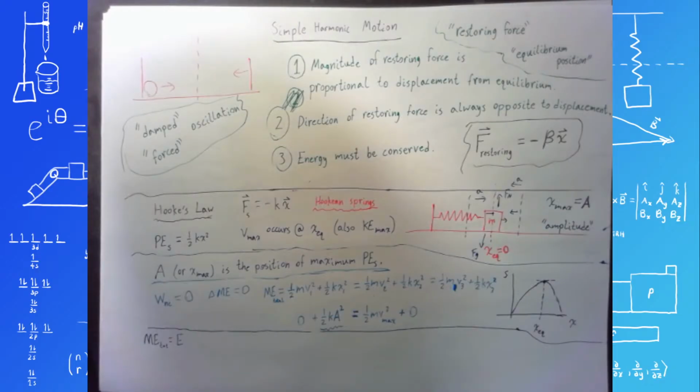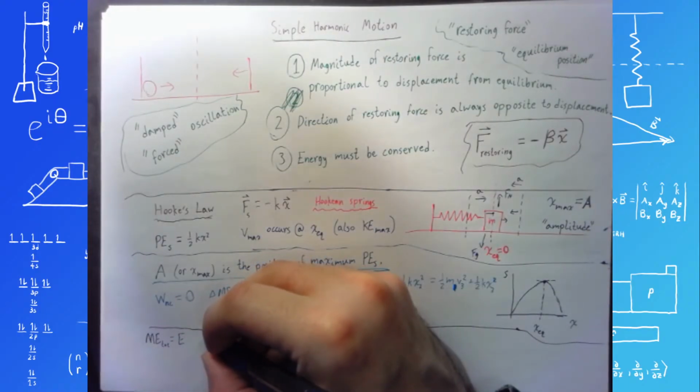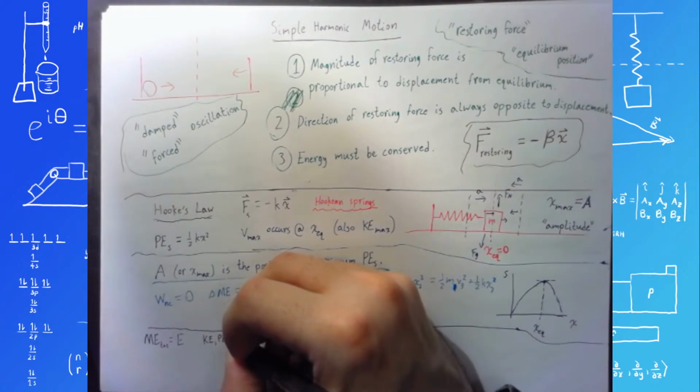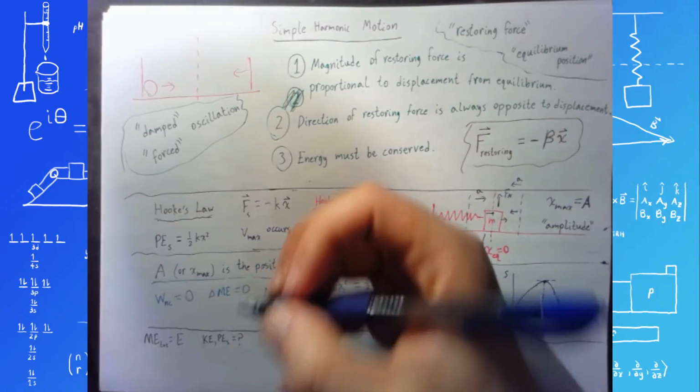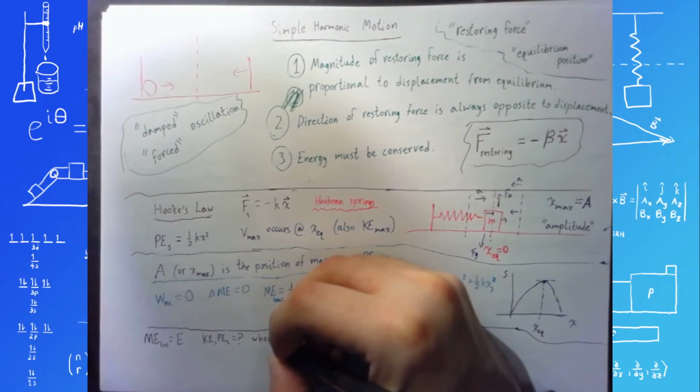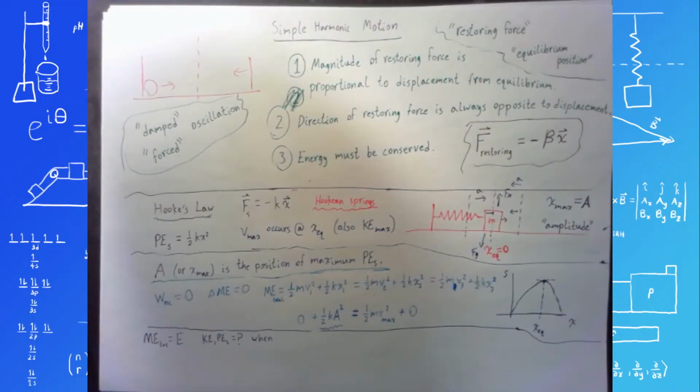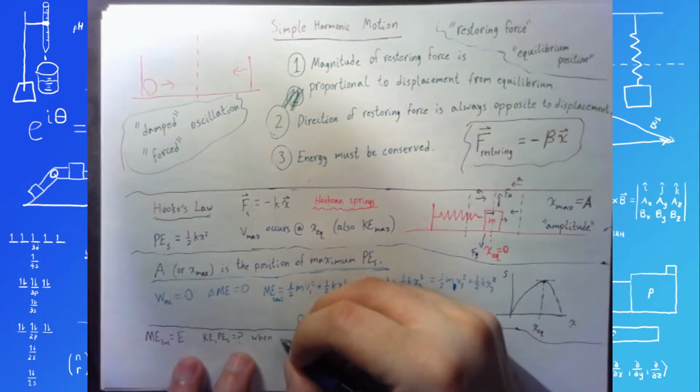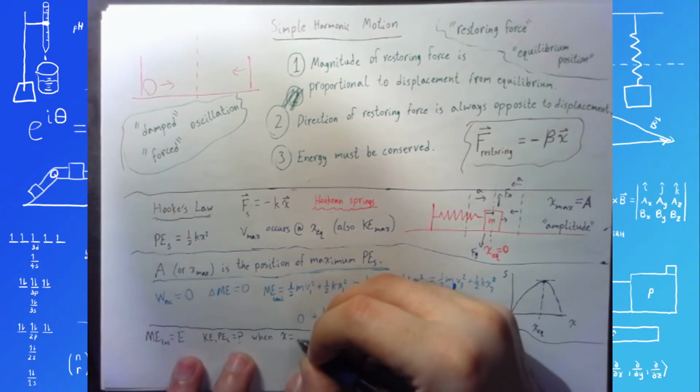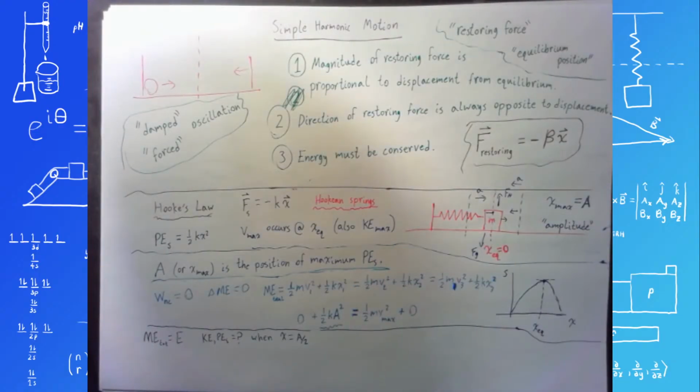And then part A says determine the kinetic and potential energies when the displacement is 1/2 the amplitude. What are KE and elastic potential energy when the displacement is 1/2 the amplitude? When x is equal to a over 2, or x max over 2 if that's how you prefer to write it.